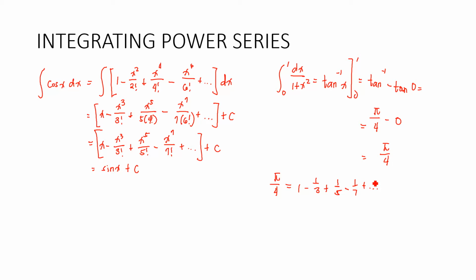So if that would be the case, then the integral of dx over 1 plus x squared from 0 to 1 would be equal to this one. So you have 1 minus 1/3 plus 1 over 5 minus 1 over 7 plus so on.